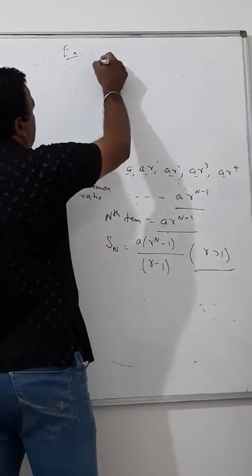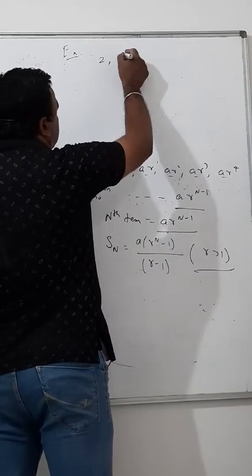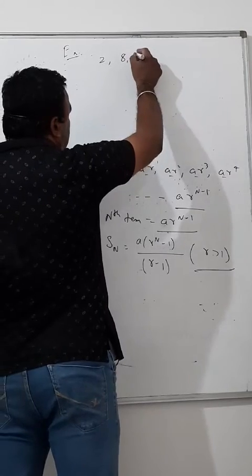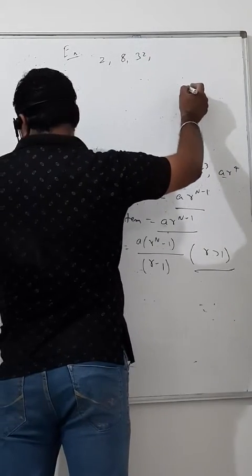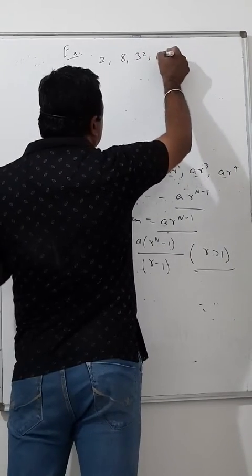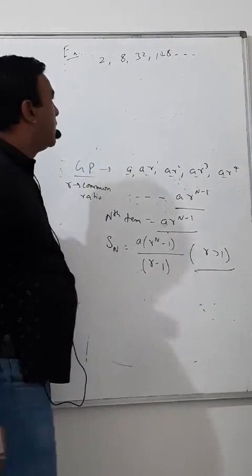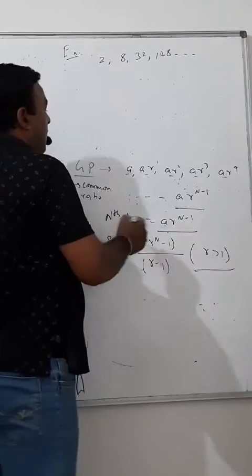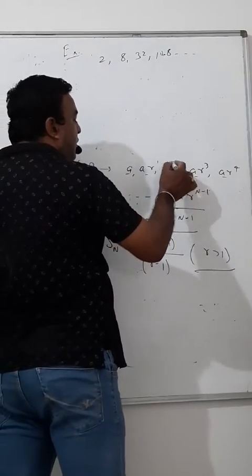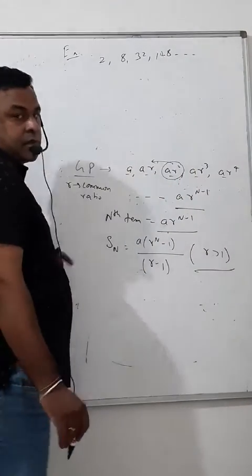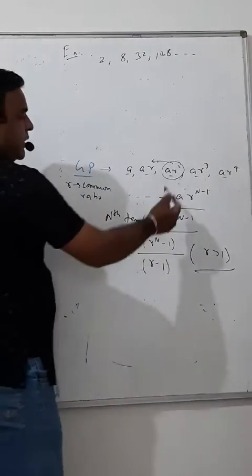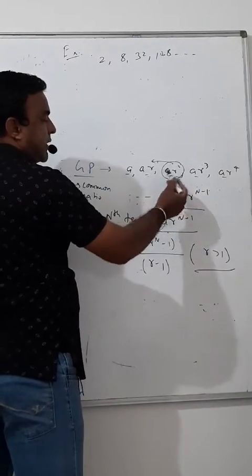Here I have 2, multiplied by 4: 8, 32, 128, and so on. Now look, divide any term by its previous term and you will get the value of r. AR squared divided by AR gives r.